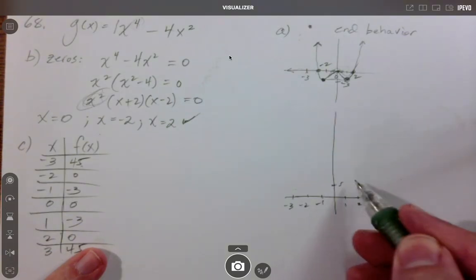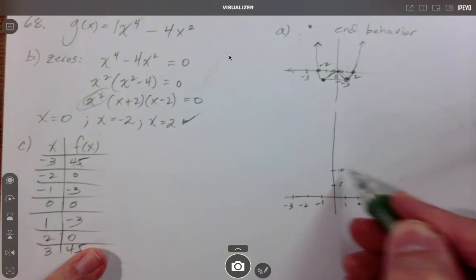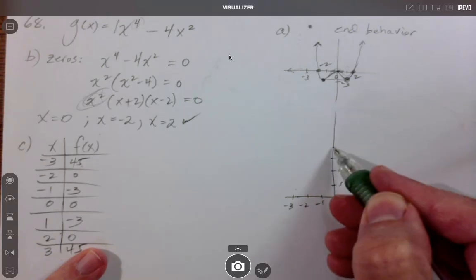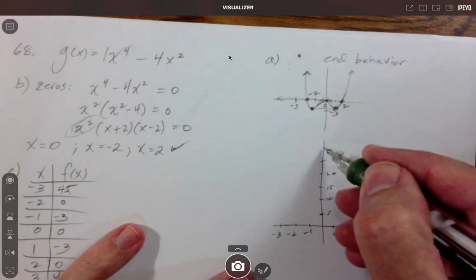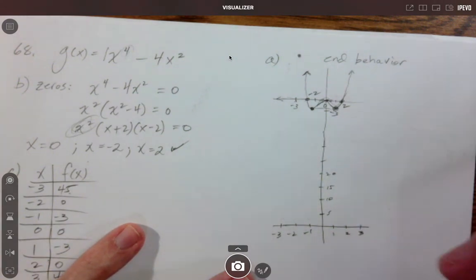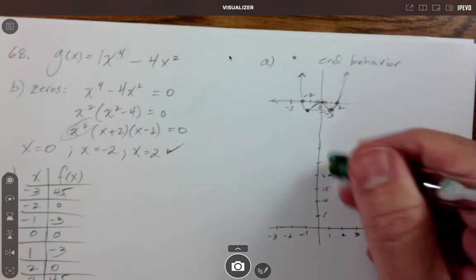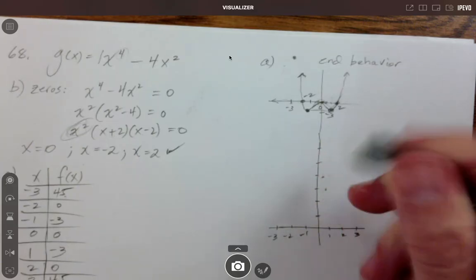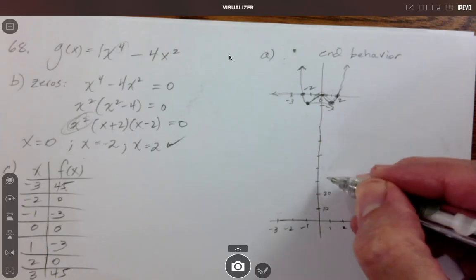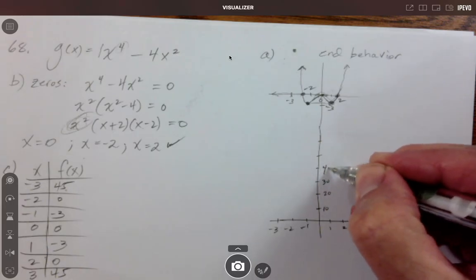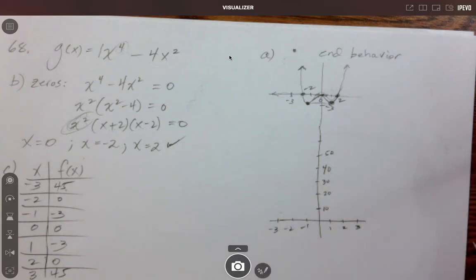So that'll be 5, 10, 15, 20. I'm going to run out of room. 25, 30. I'm going to count by 10s just to make my life easy. So this will be 10, 20, 30, 40, 50, that's high enough. And then down here it would be -10.